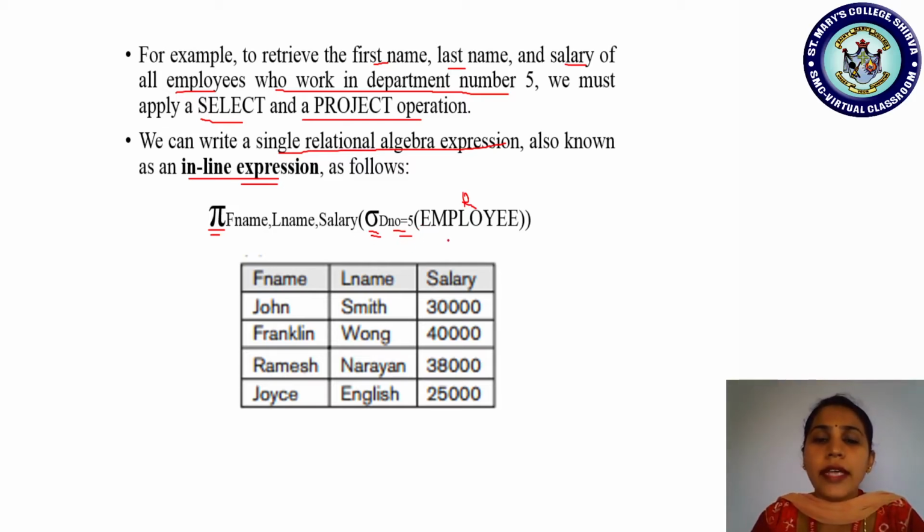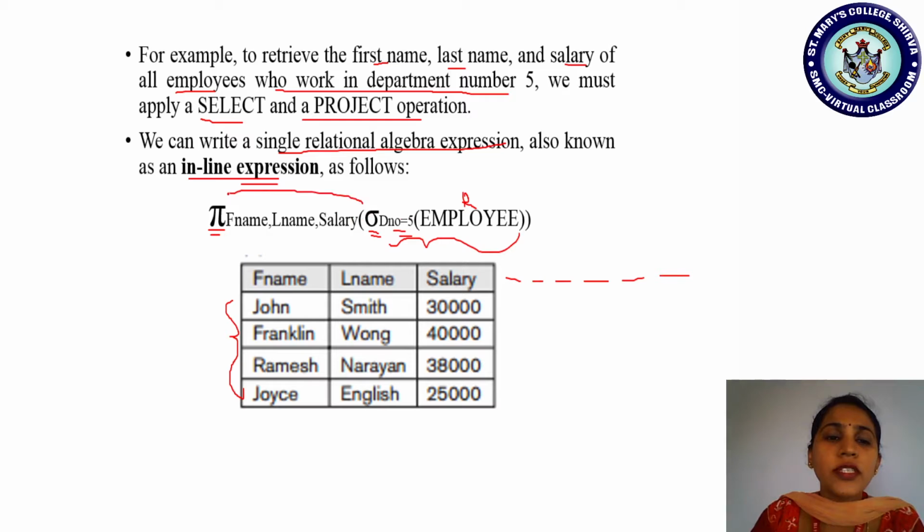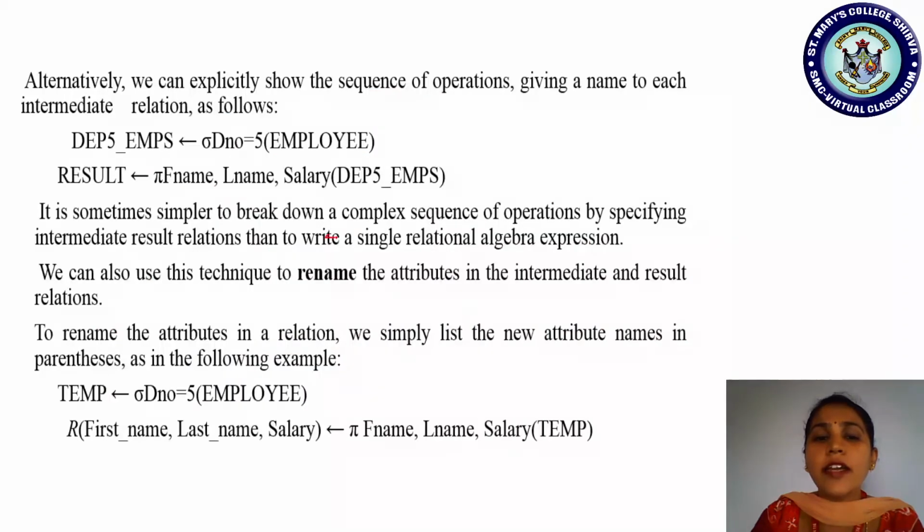On executing this innermost operation, which records will be displayed? John, Franklin, Ramesh, Joyce. Only these 4 employees are working in department number 5. The tuples also hold other attributes, but they are not shown here because the outermost operation, the project, tells us to display only the first name column, last name column and salary column.